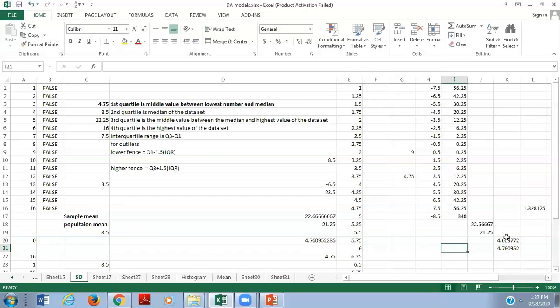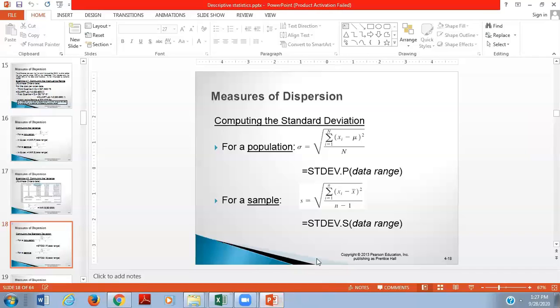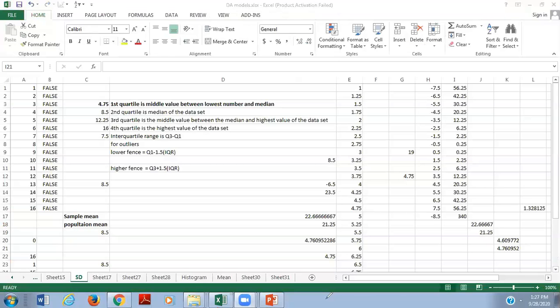As I already showed you in our last session, in our calculation when we calculated this variance, right? We got the same values here. You are all getting this, right? 22.667. That is our sample, and this one is the population value of variance.